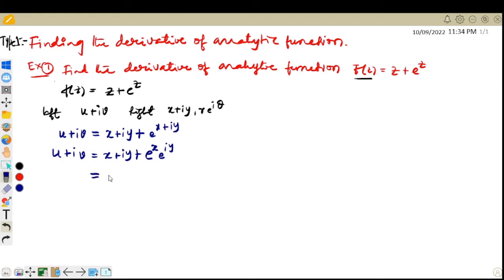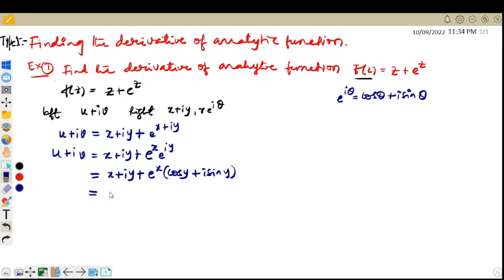This is x plus iy, right as it is, plus e raised to x, right as it is, and e raised to iy. We know that e raised to i theta is cos theta plus i sin theta. So e raised to iy becomes cos y plus i sin y.